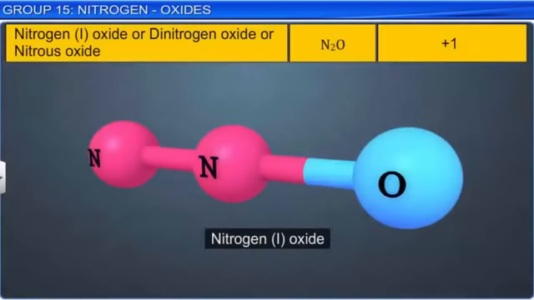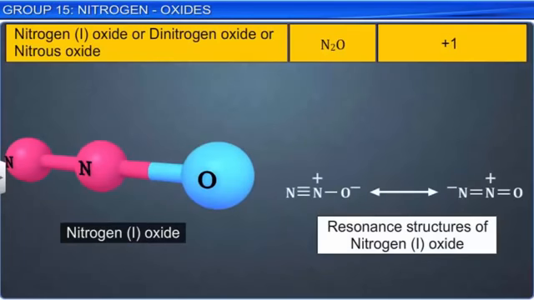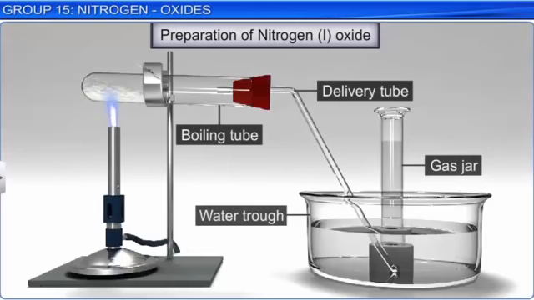Let's start with nitrogen 1 oxide. Nitrogen 1 oxide, also called dinitrogen oxide or nitrous oxide, is usually prepared by heating ammonium nitrate gently to 240 degrees Celsius.